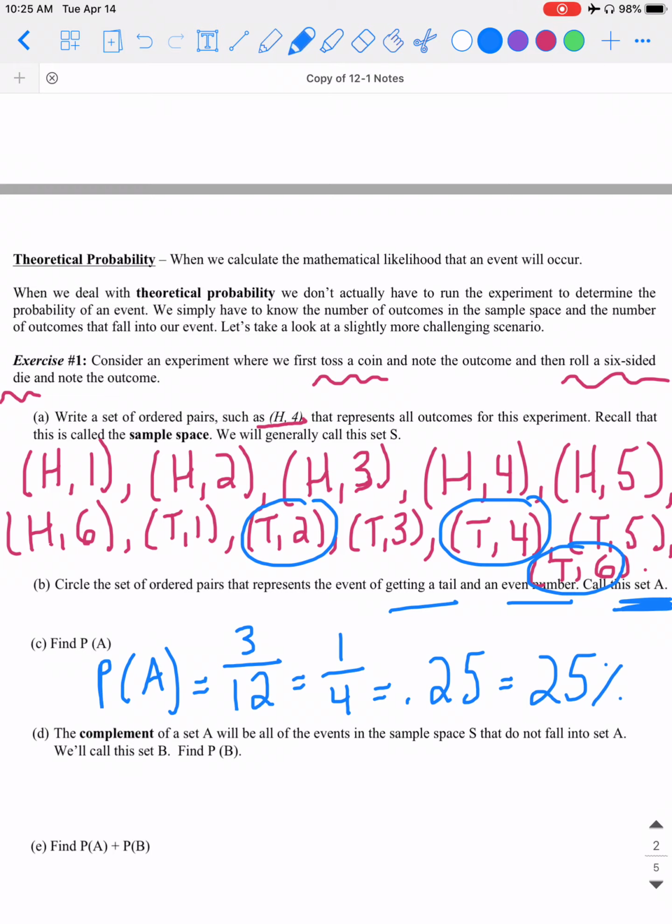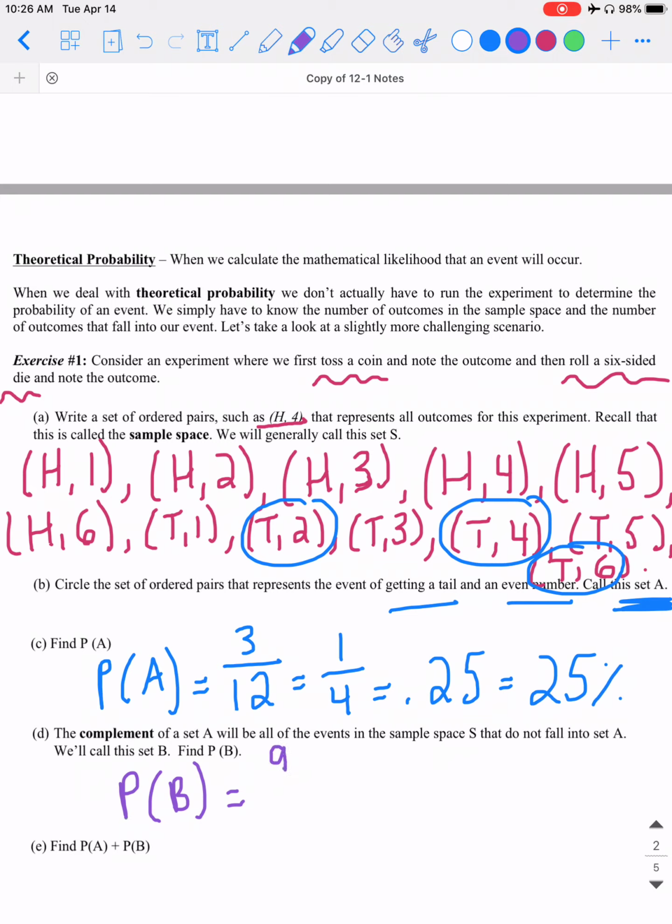Part D says the complement of set A will be all events in the sample space that do not fall into set A. So that's kind of like everything else that is not circled in part A. So we're going to call this set B. The probability of set B occurring would be everything that's not circled.